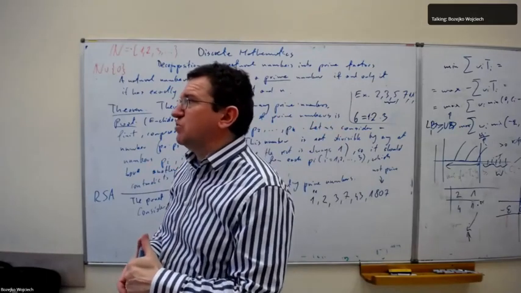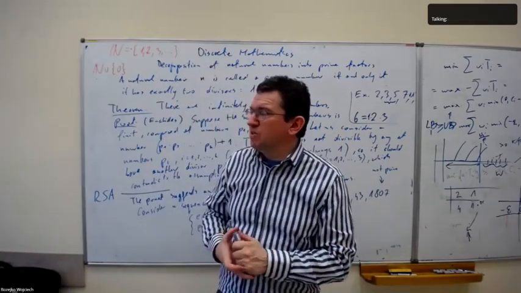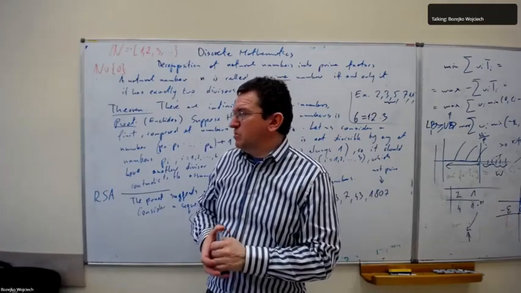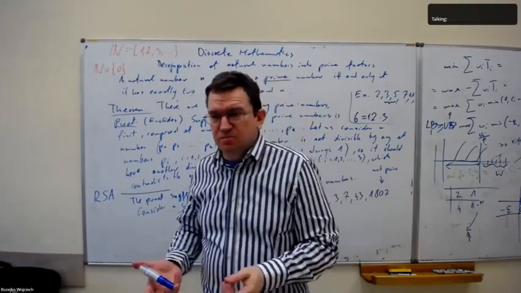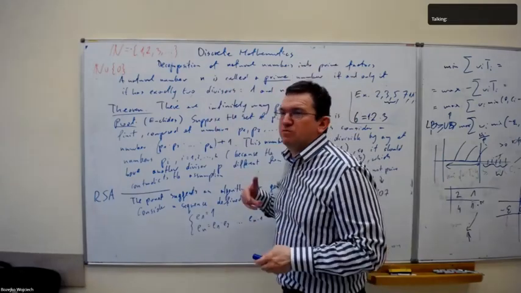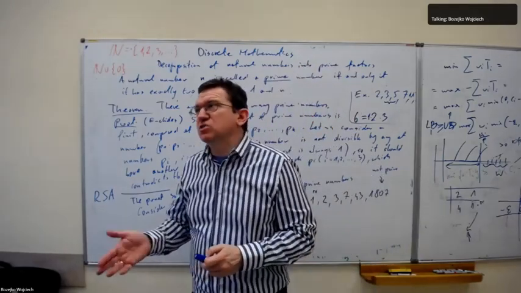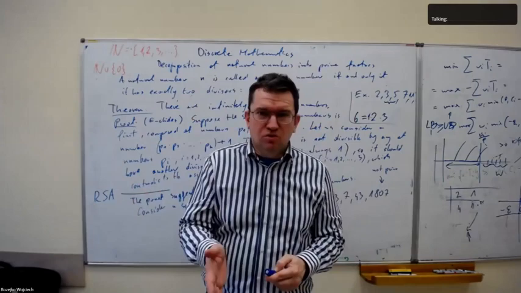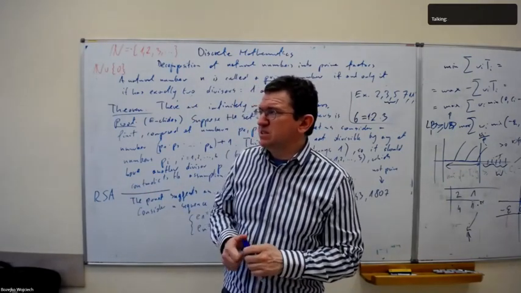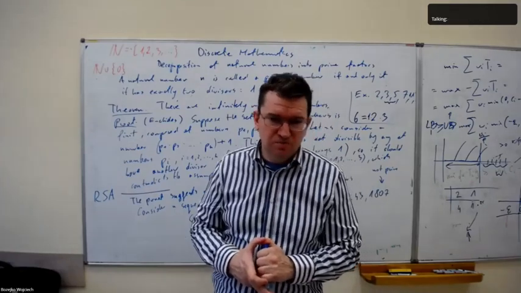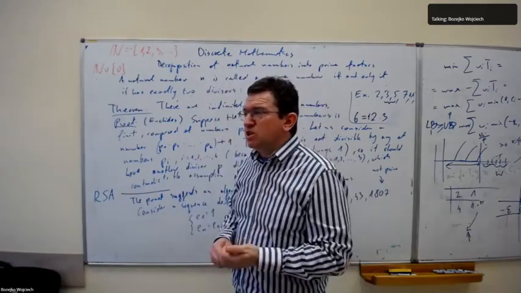So such a method, of course, works, but this is still very time-consuming. Of course, we can divide only by previous primes and only up to the square root of this number. It is enough. But still, this is not an efficient method for really big numbers.